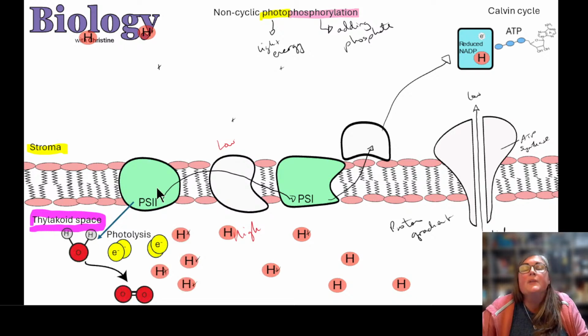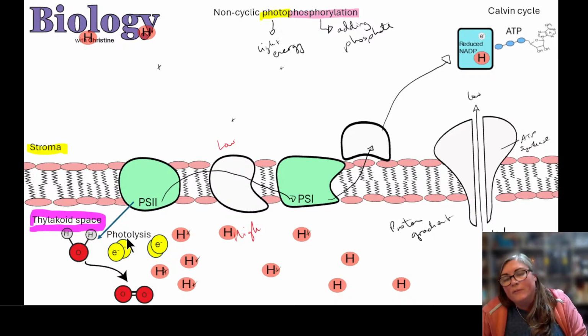What have we got? Well, our electrons that went from photosystem 2 to photosystem 1 need to be replaced. So the only way they can be replaced is if we carry out photolysis. Lysis to split, photo because of light.